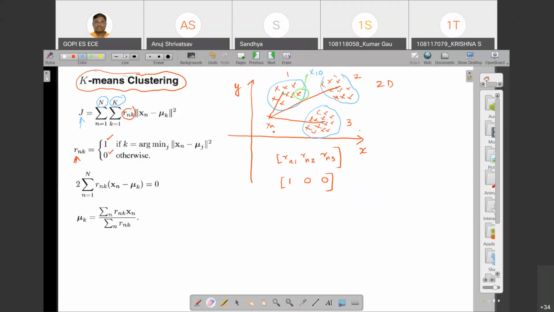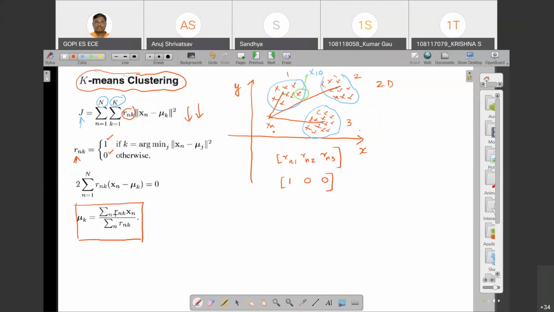We are interested in finding the value of mu k in such a way that this objective is minimized. That is the goal of k-means clustering. If I differentiate with respect to the unknown mu k and solve for it, you get this value. What does it really mean?